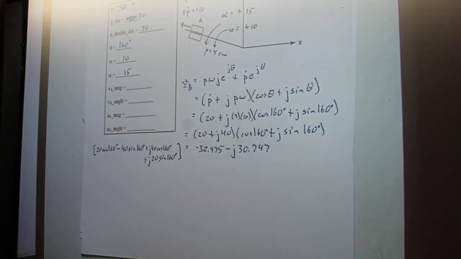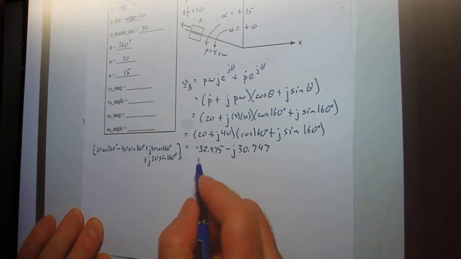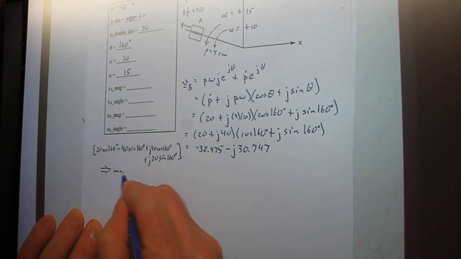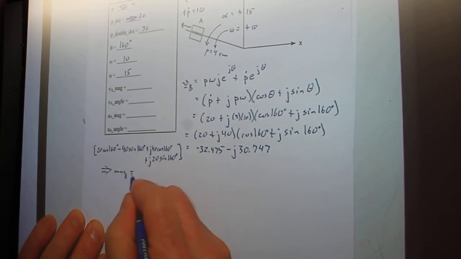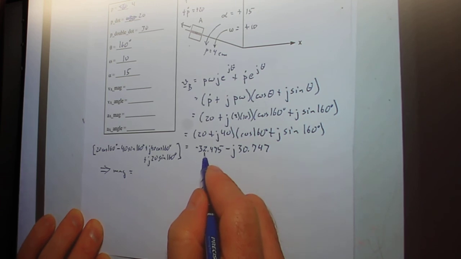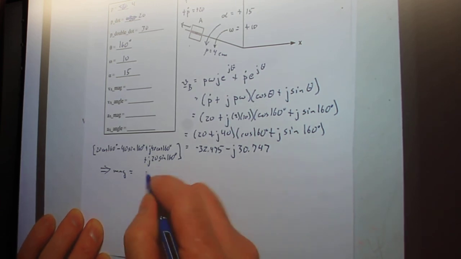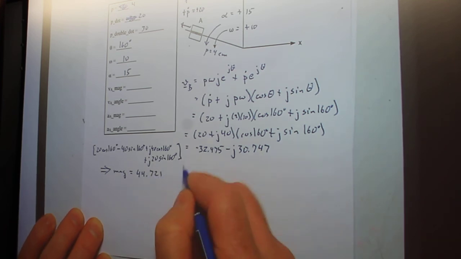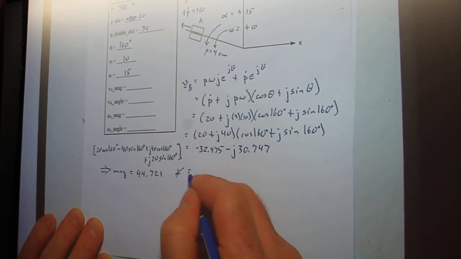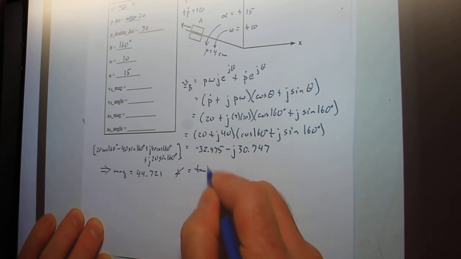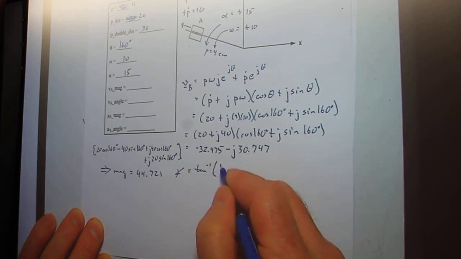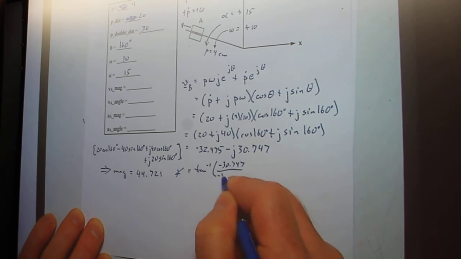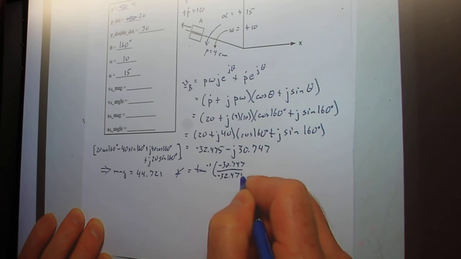From here, the magnitude of this is equal to that squared plus that squared, square root of that, I get 44.721. And the angle is equal to inverse tangent of minus 30.747 divided by minus 32.475.